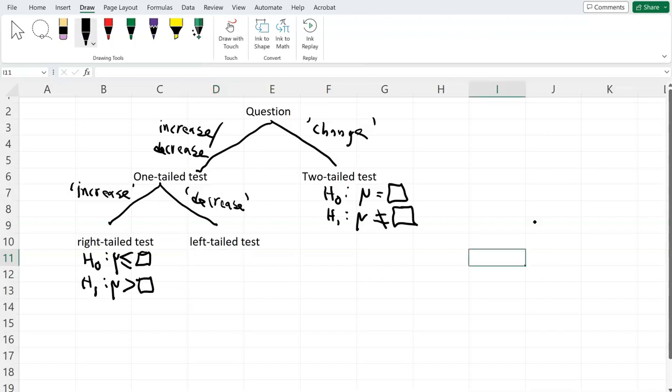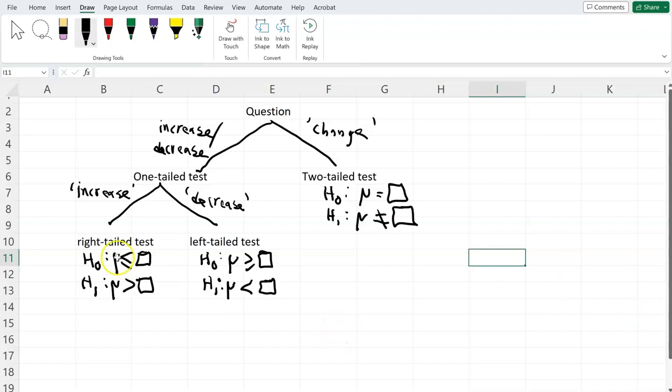In the left tail test, we would be doing the opposite. Mu is greater than or equal to some number, and the alternate is mu is less than some number.